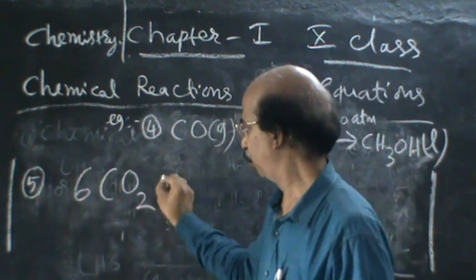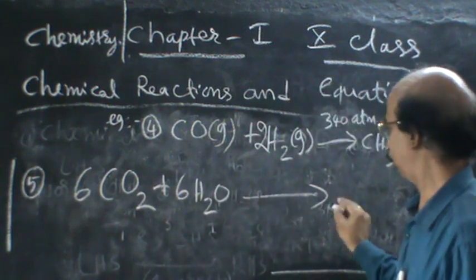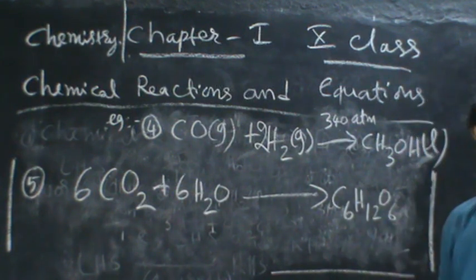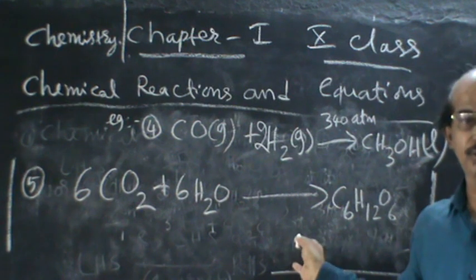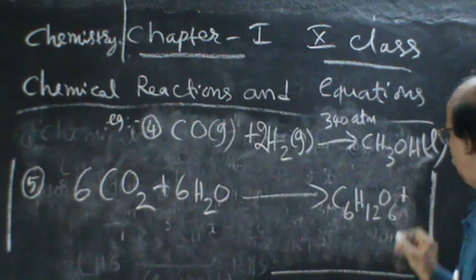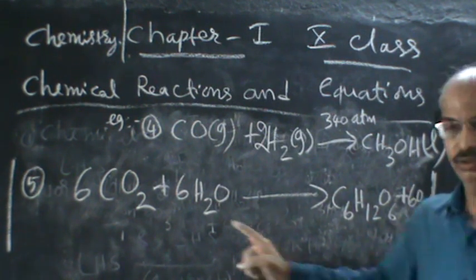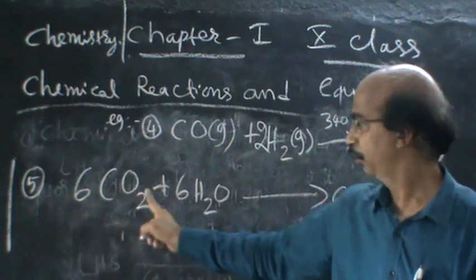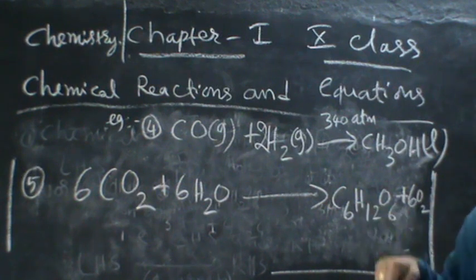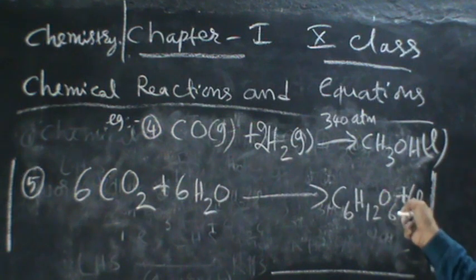It is called photosynthesis. In that, oxygen gas is evolved, which is the most important thing. Plants are taking carbon dioxide and water and preparing their own food. That food only we are eating. And on the other hand, the plant is giving oxygen to us.